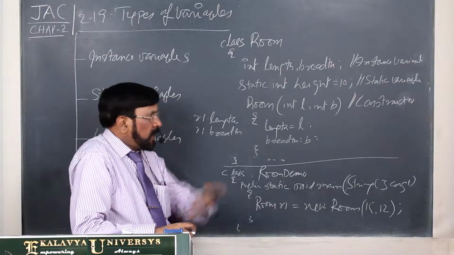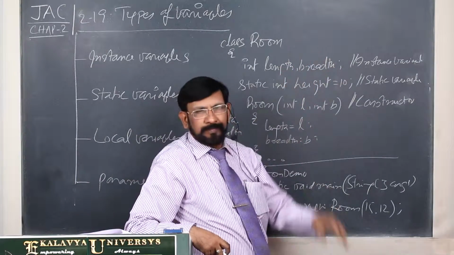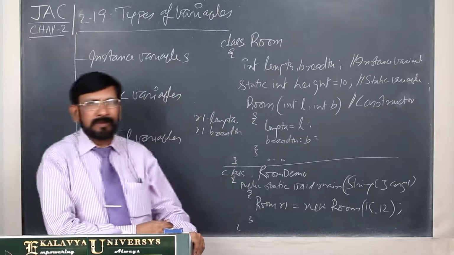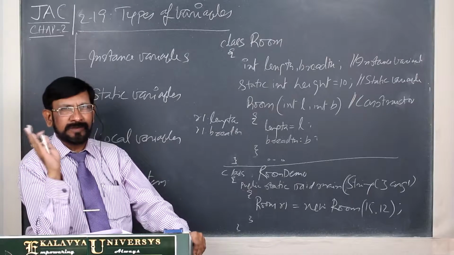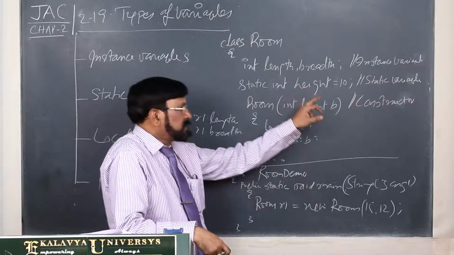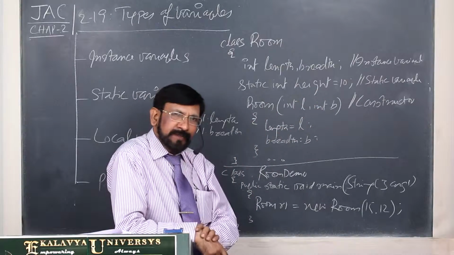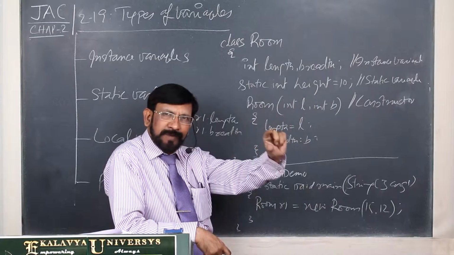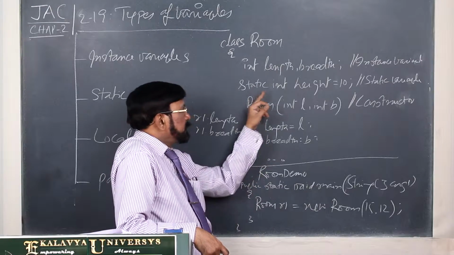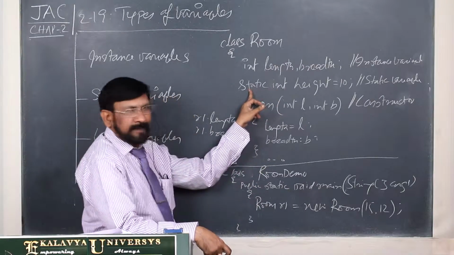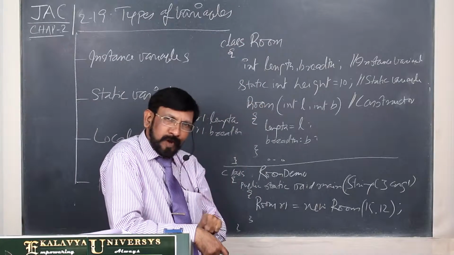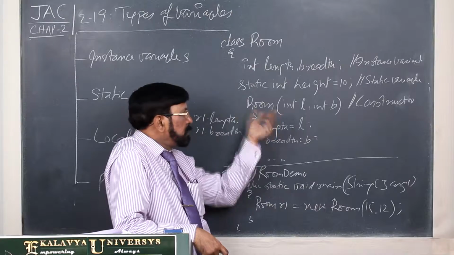But height, why can't we define it here? Height is common for all the rooms, and if you see all houses, height of all the rooms is common. So that's why we would waste 10 memory locations. One memory location is enough. It is commonly used. That's why I declared it as static. Static means it is related to the class, not belonging to the object. So how can we make it?